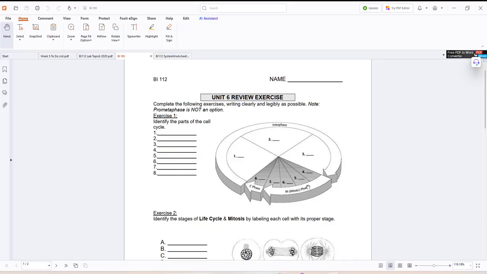So leave out pro-metaphase and just go with the 4 main stages. So prophase, metaphase, anaphase, and telophase. And then the last, number 8, notice it says C phase. So what do you think C phase stands for right after that last stage of mitosis? All right. So you'll identify the different stages or phases, whatever you want to call them, and write them down there.